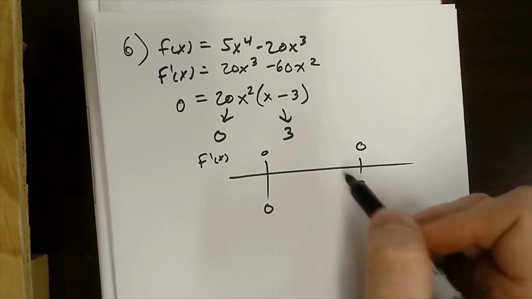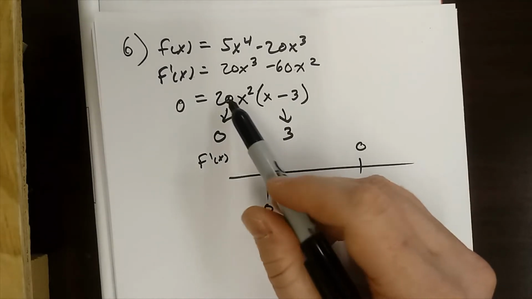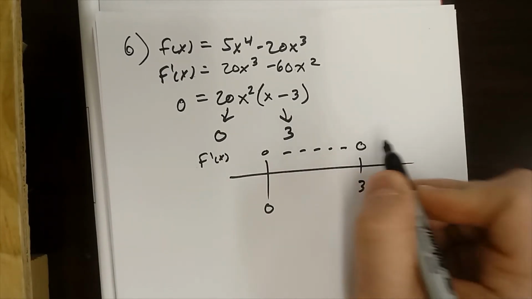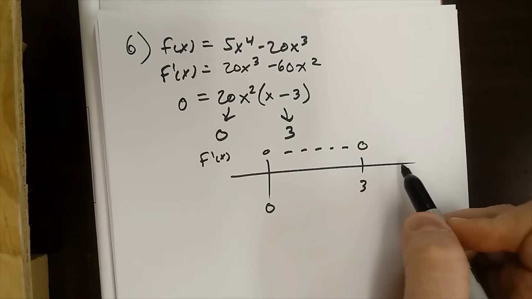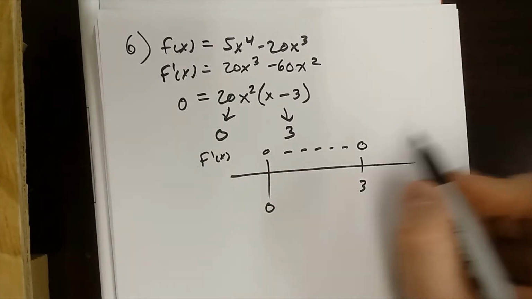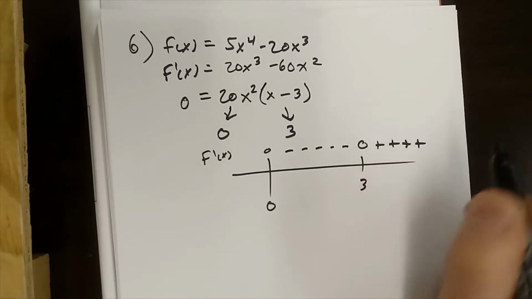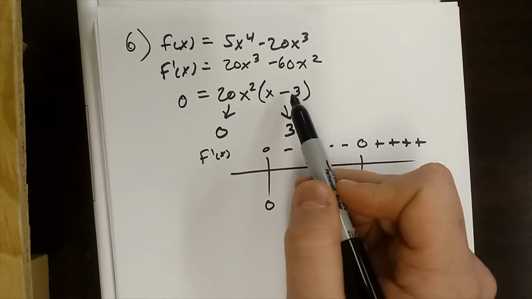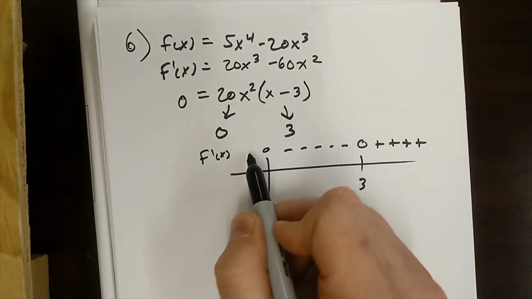If I pick between 0 and 3, like a 1, I get a positive times a negative, so it's going to be a negative. And then if I try something greater than 3, like 1,000, then we get positive and a positive, so it's positives. And then if I pick something less, then it's positive and negative, and so it's negative over here.